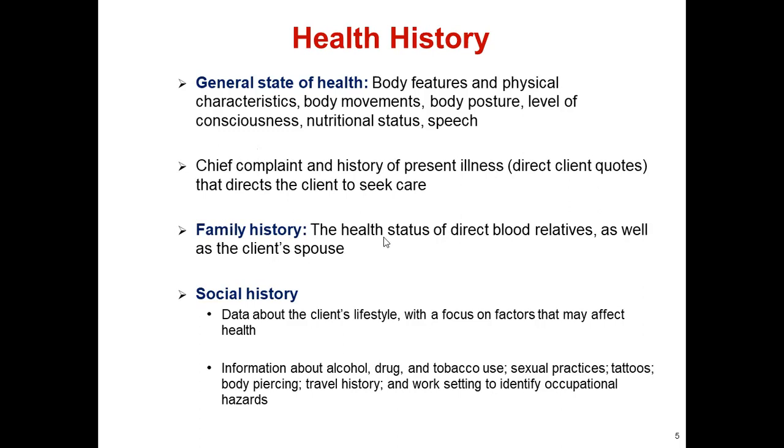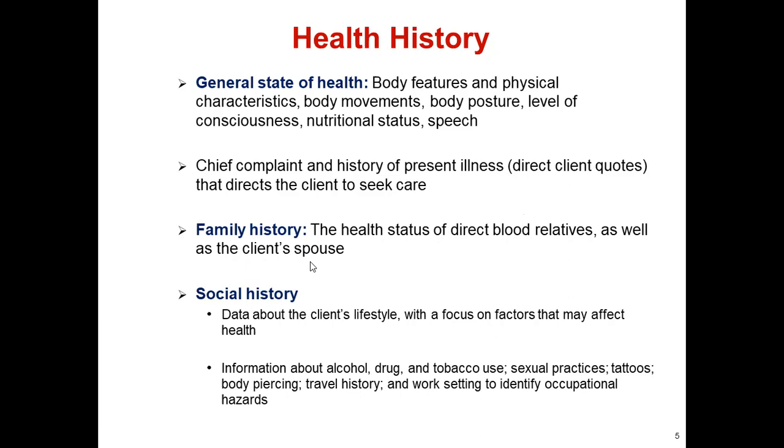Family history: the health status of direct blood relatives, as well as the client's spouse. If your patient is able to give the history or data, it is a primary source.